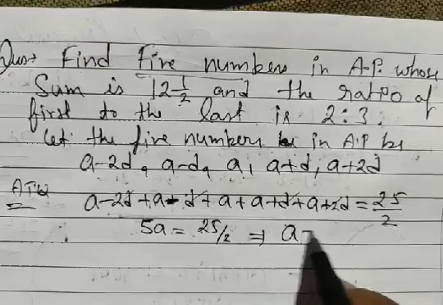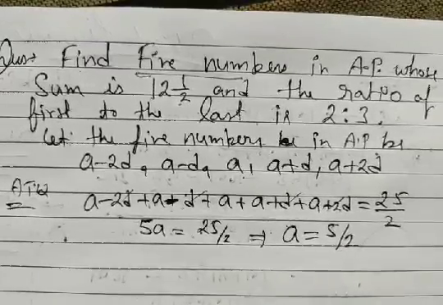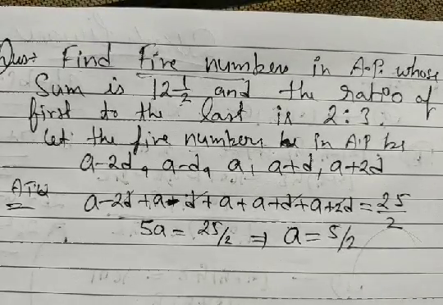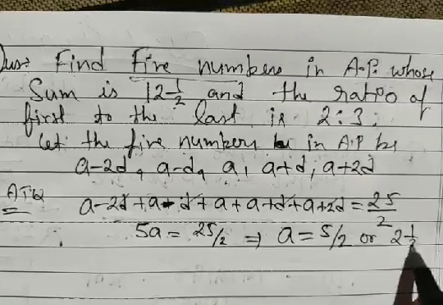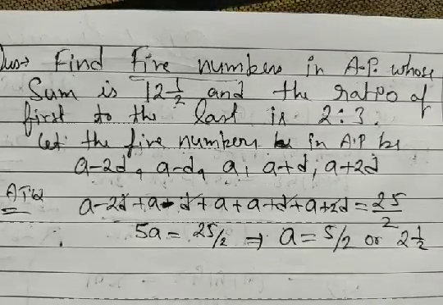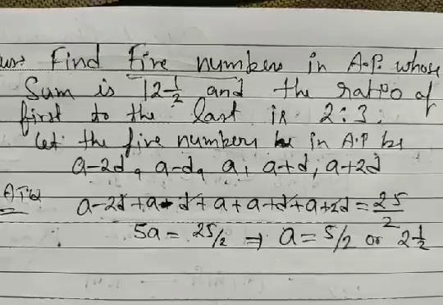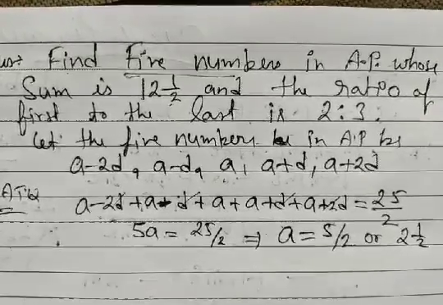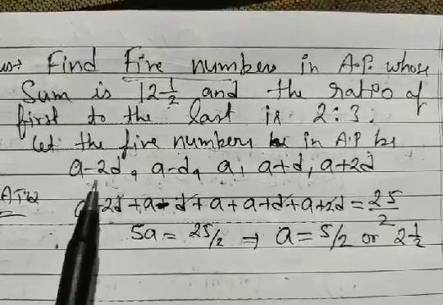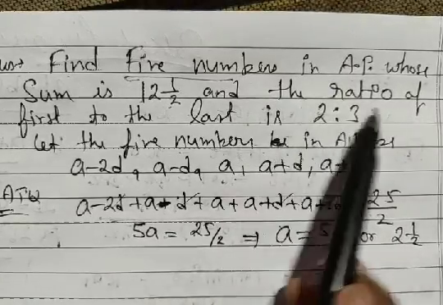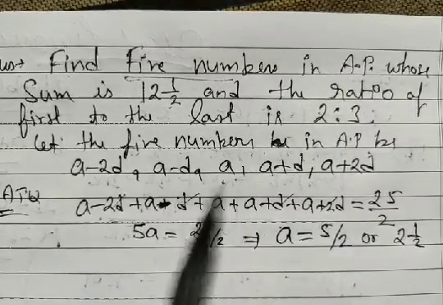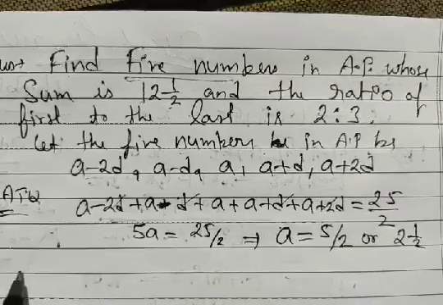After solving it, we get the value of a is 5/2, or 2 and a half. Now we have the value of a, but we have to find our common difference. Then we can find our numbers. Again, we are given the ratio of the first to the last. The first number is a minus 2d.